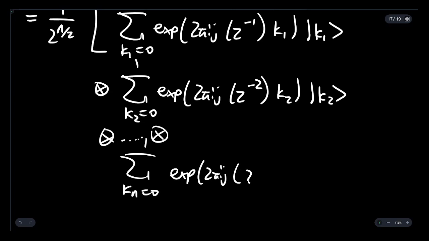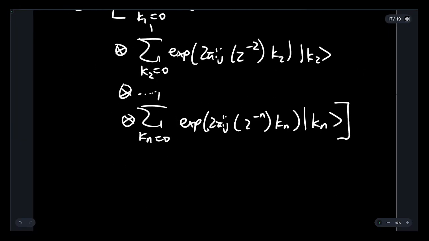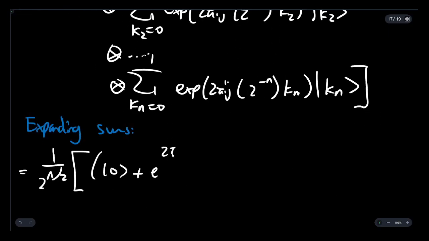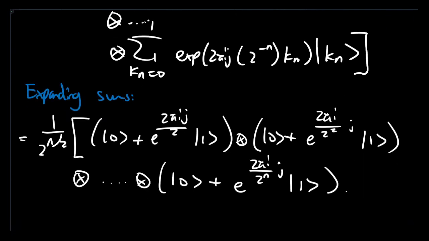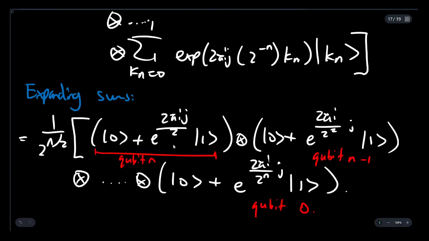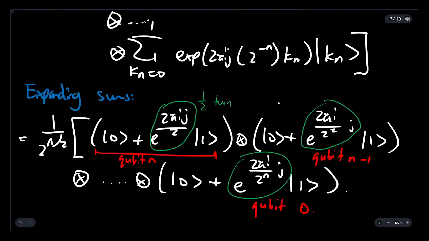Finally, we end up with this. This is an explicit expression for the representation of our initial decimal number j state in the Fourier basis. Each term in this tensor product is a state on a single qubit. As we can see, each of these complex exponentials encode that qubit's rotation about the z-axis, which we saw previously.